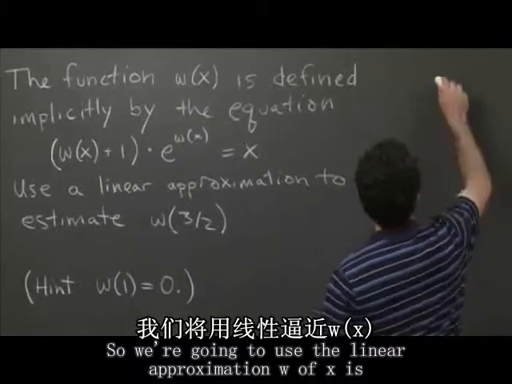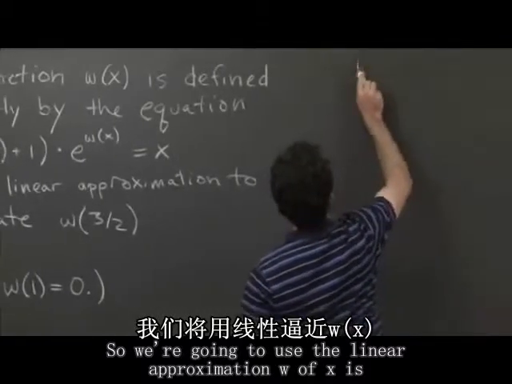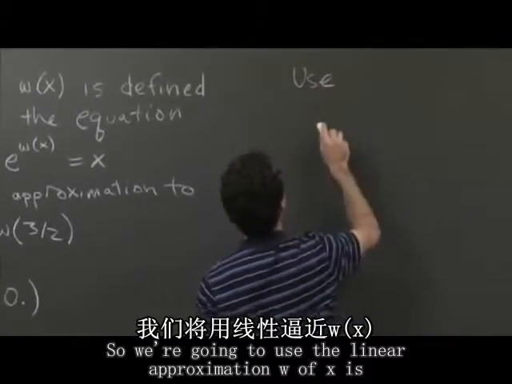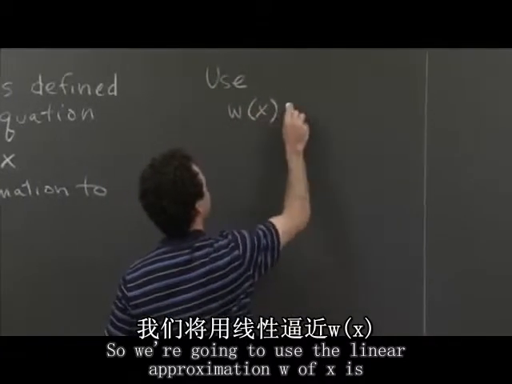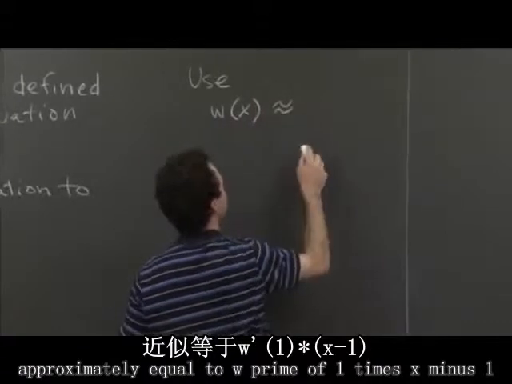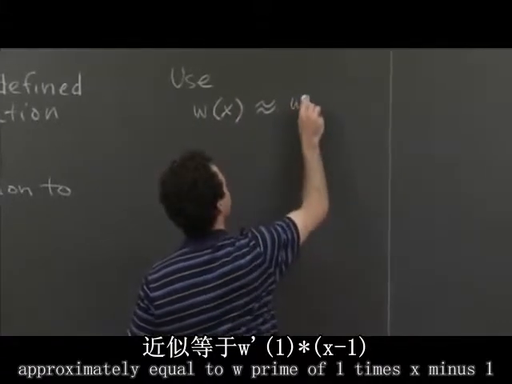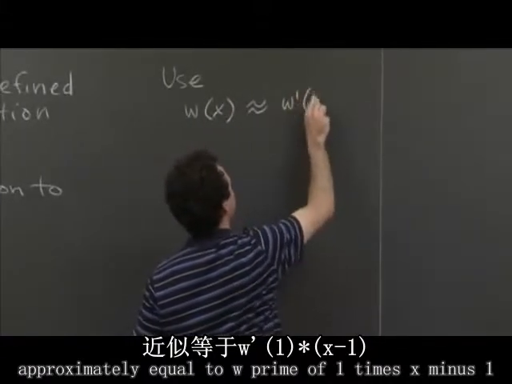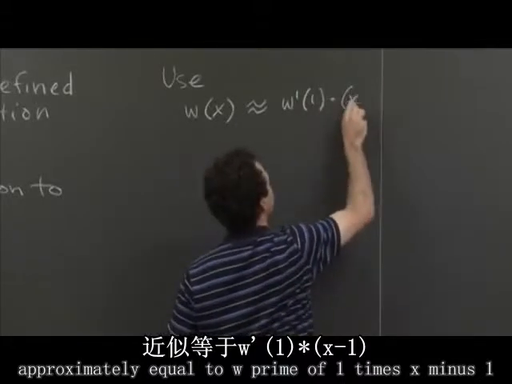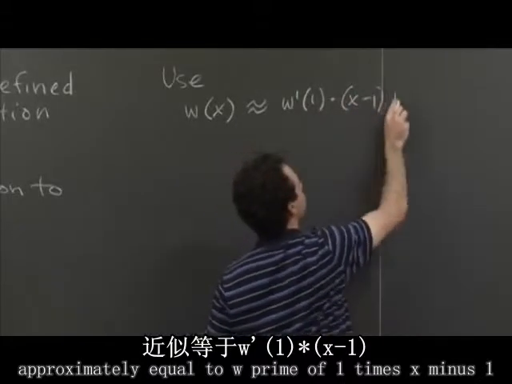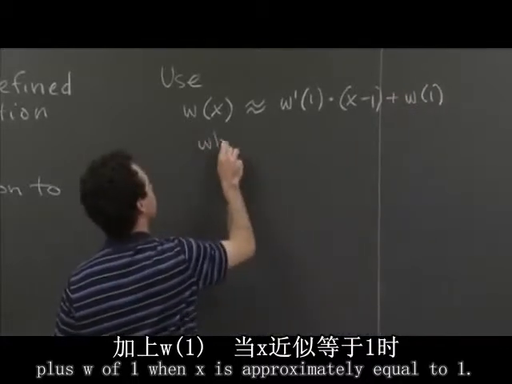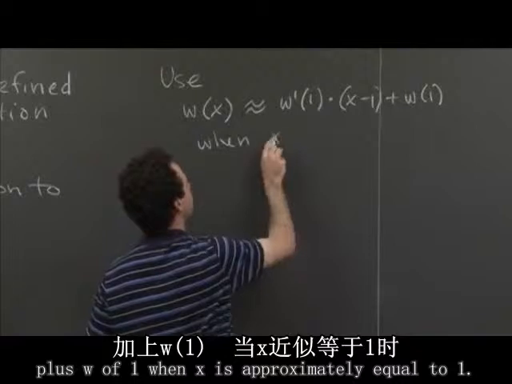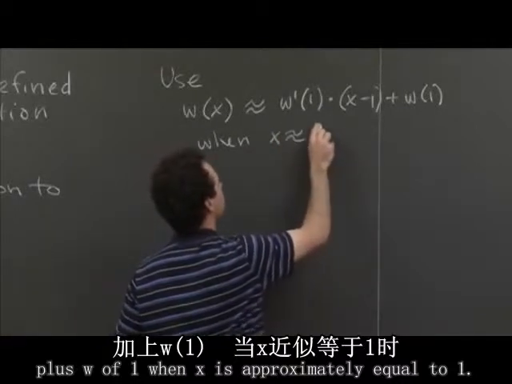That's the point we're going to use for our approximation. So we're going to use the linear approximation: w of x is approximately equal to w prime of 1 times x minus 1 plus w of 1, when x is approximately equal to 1.